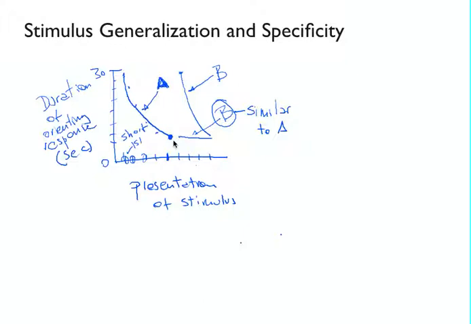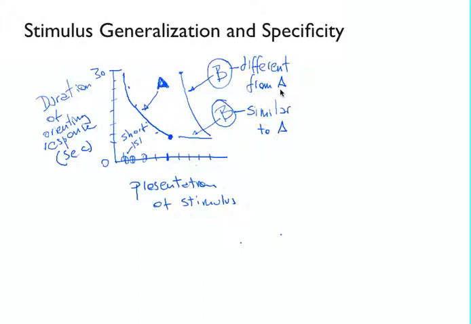But if B was very different from A, we would see a recovery of responding, because we're talking about really a new, a different stimulus. So this is really interesting, because this allows us to ask a non-verbal organism whether the stimulus we're showing to them is similar or different from the previous stimulus we showed them.